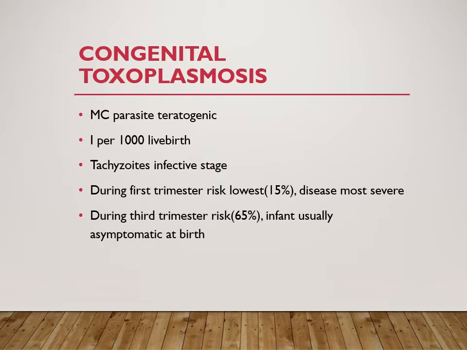During the first trimester of pregnancy, the transmission risk is lowest, but the disease is most severe. During the third trimester, the transmission risk becomes very high, 65%, but the infant can be asymptomatic at birth, that means there are no symptoms.